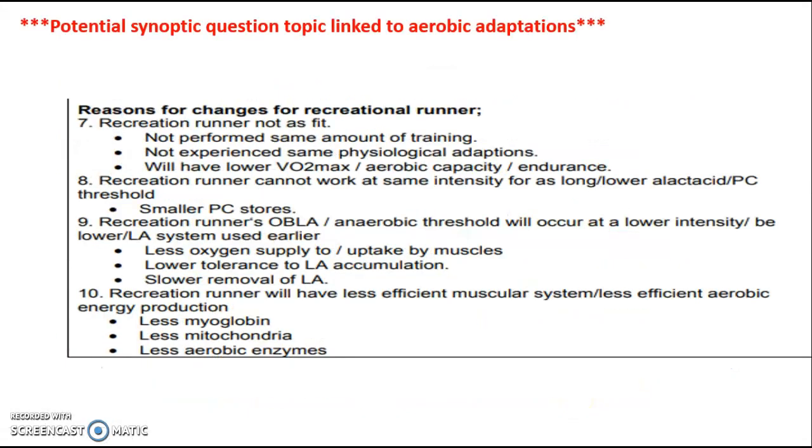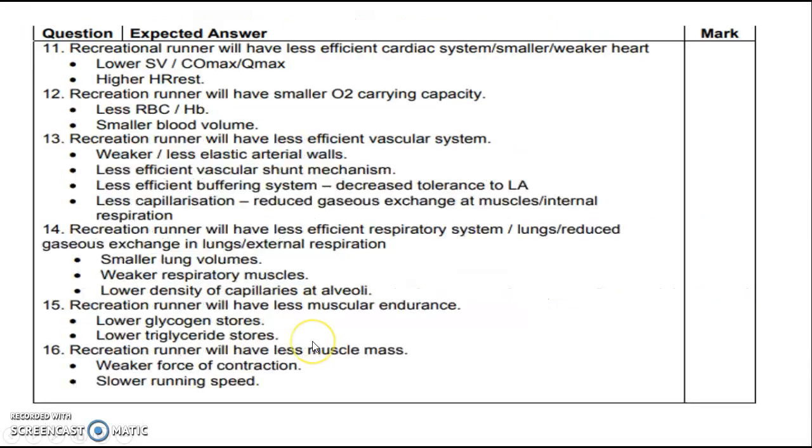Now, obviously, when you're talking about the adaptations, this is quite a good way to look at it. This is linked to aerobic adaptations, but you're talking about how the recreational runner would not have them, because they wouldn't be as fit. So they'd have a lower VO2 max aerobic capacity, because they've got smaller PC stores, because they reach OBLA earlier, because they've got less myoglobin, because they've got less mitochondria, because they've got less aerobic enzymes, because they've got a lower cardiac output, because of a smaller heart size, because they've got lower red blood cells.